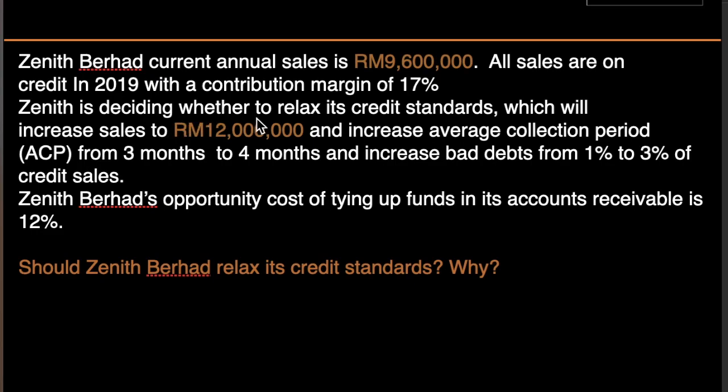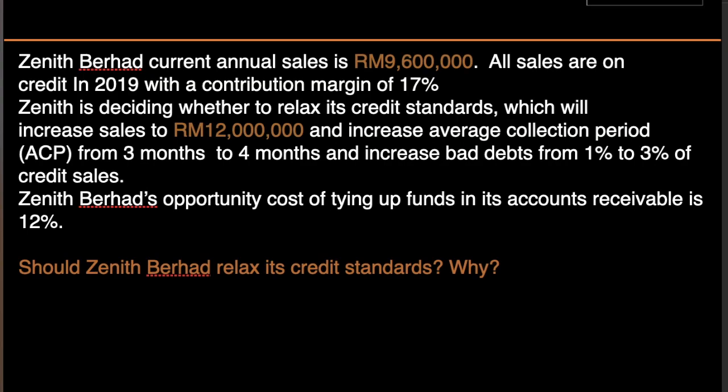Zenith is deciding whether to relax its credit standard, which will increase sales to 12 million and increase the average collection period from 3 months to 4 months, and increase bad debt from 1% to 3% of credit sales. Zenith Bhd's opportunity cost of tying up funds in each account receivable is 12%. The question is, should this company relax its credit standard? And if so, why?